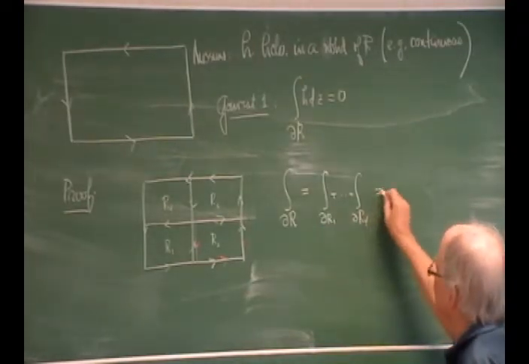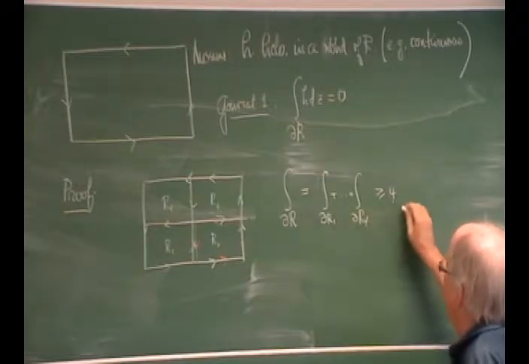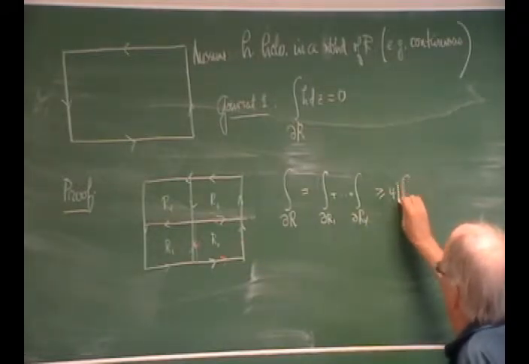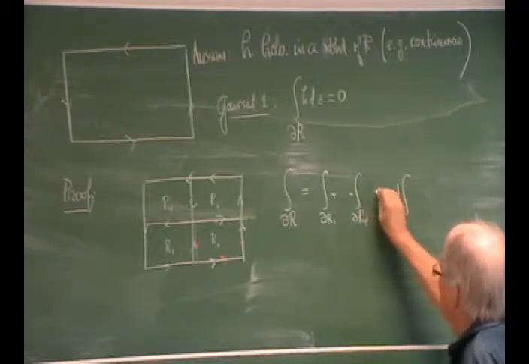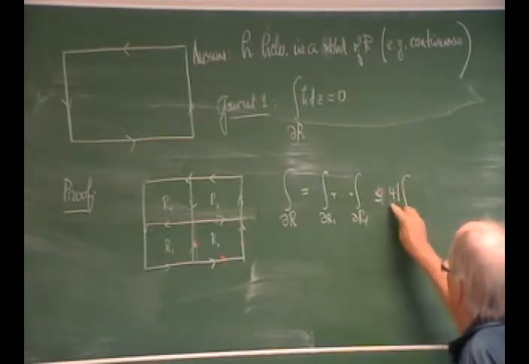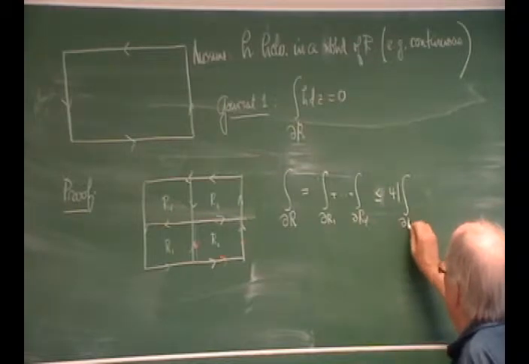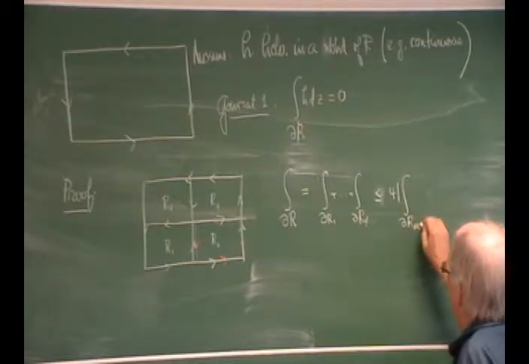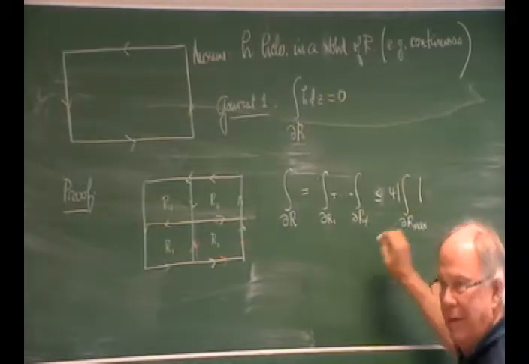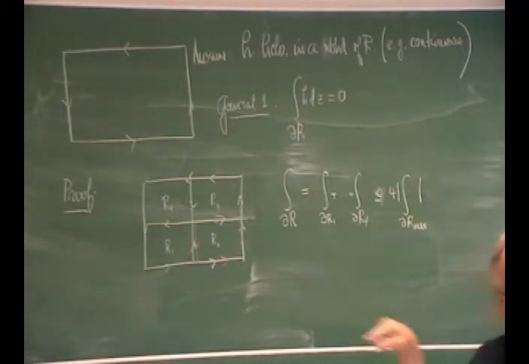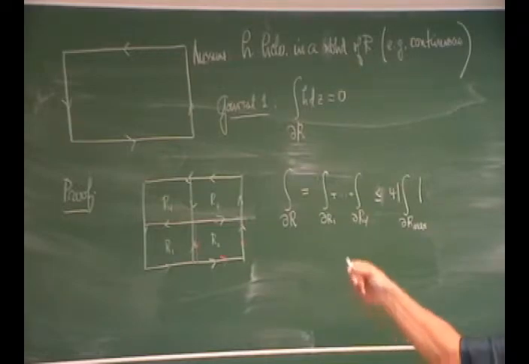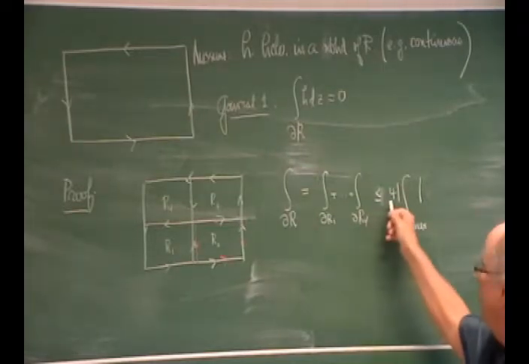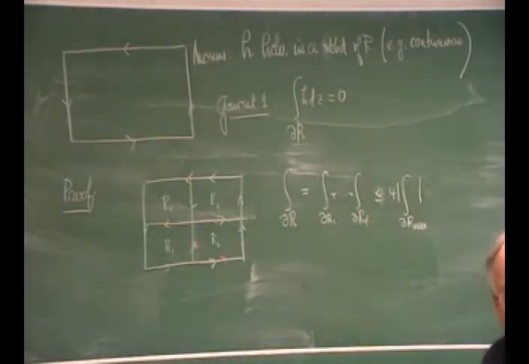So this is less than or equal to 4 times the absolute value of the integral around, let's call this R max. Right? Because you have 4 integrals, and you find out the boundary integral that's the biggest in absolute value, and it's certainly estimated by that.